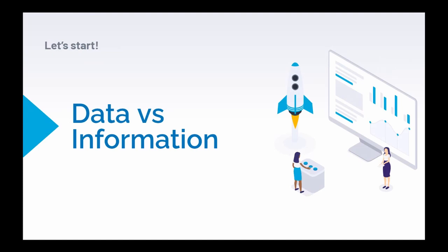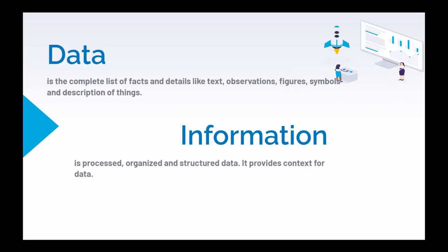Now, data versus information. So what comes into mind when we hear the word data or the word information? Data is the complete list of facts and details like text, observations, figures, symbols, and description of things.